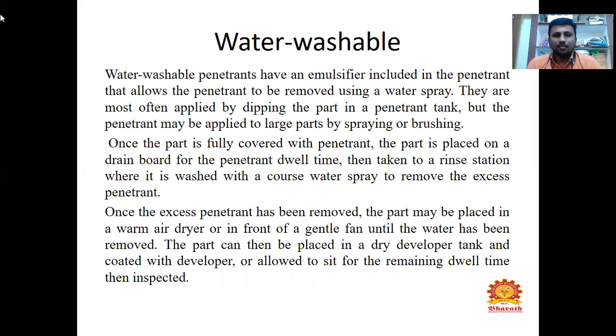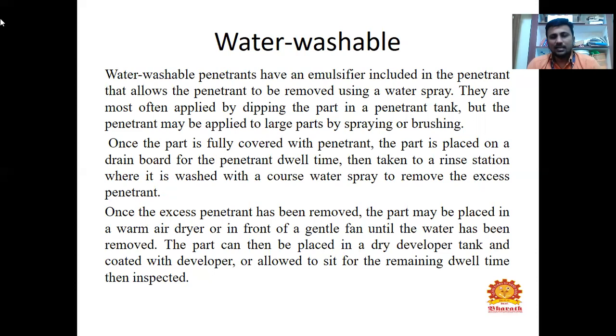Once the part is fully covered with penetrant, the part is placed on a drying board for the penetrant dwell time. Then it is taken to a rinse station where it is washed with a coarse water spray to remove the excess penetrant.